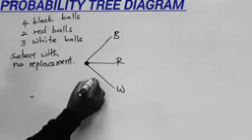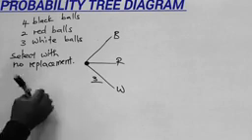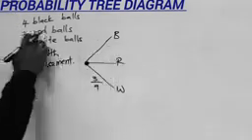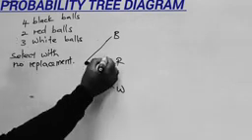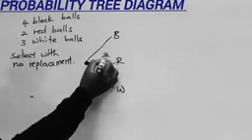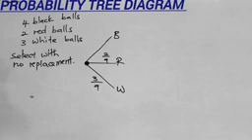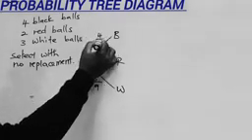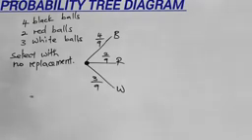There are 3, over the total number of balls, which is 9. For red, we have 2 over 9. Then for black balls, this is 4 over 9. So this is the probability for the first pick.